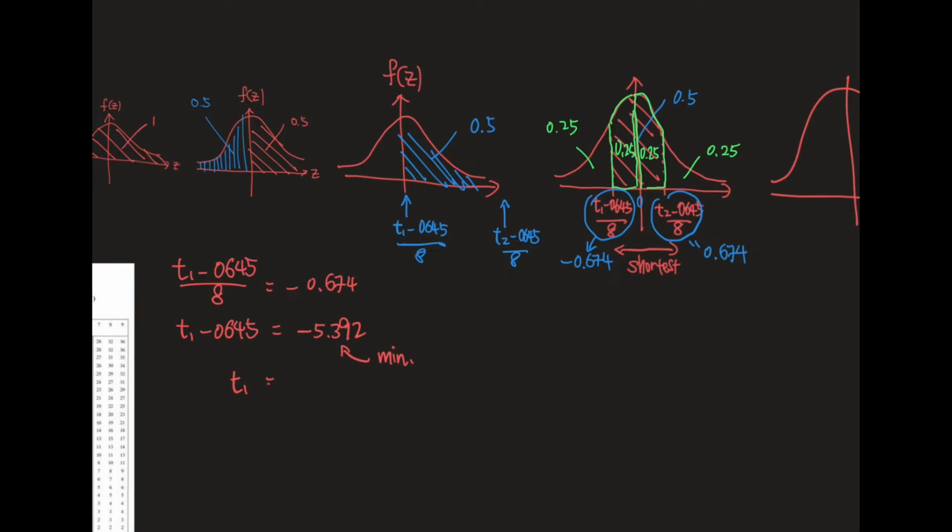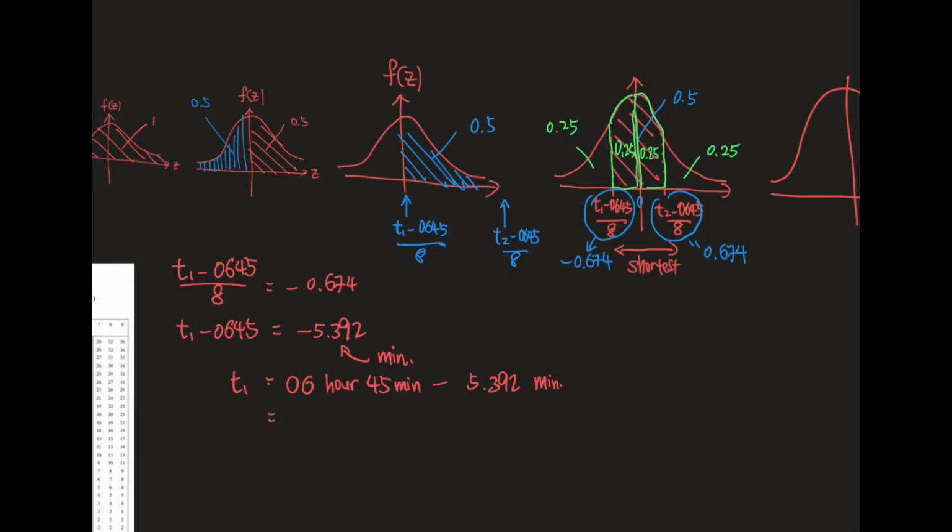So T1 is, imagine the time is 6:45, something like 6 hours 45 minutes. Now you need to minus 5.392 minutes.